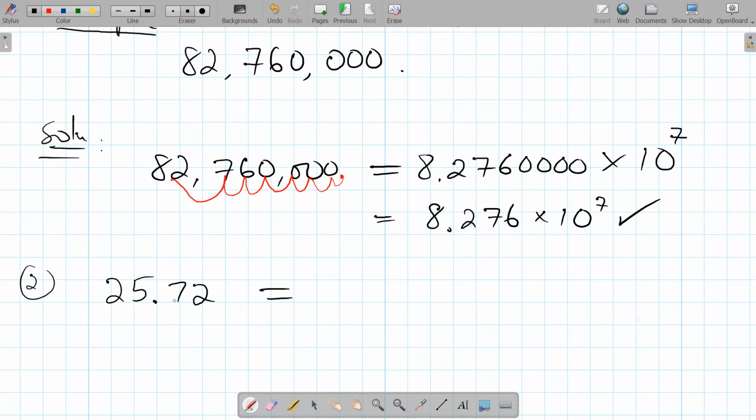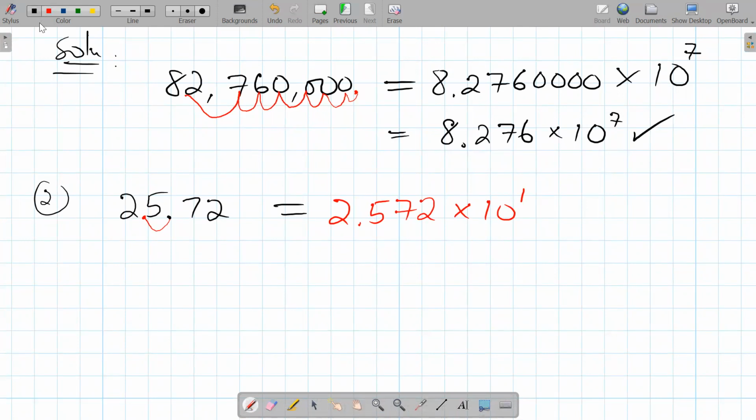So for me to satisfy the condition, I will need to move this decimal point back one time. It has to move here, and so this will just give me 2.572 times 10 to 1, because I moved only one time.